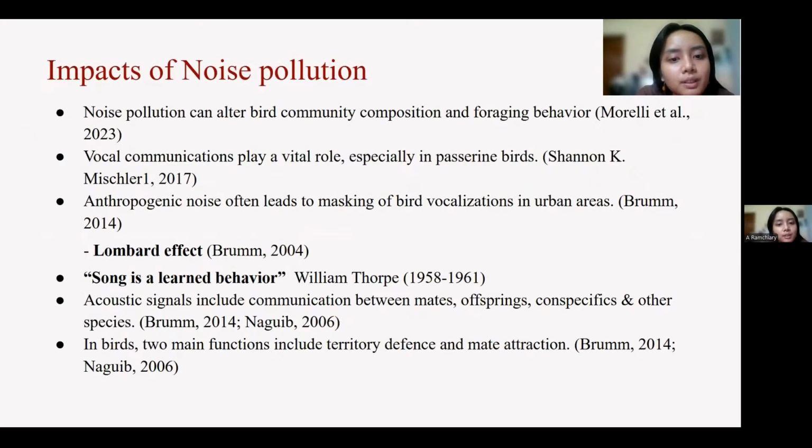One of the most pressing challenges in urban ecosystems is anthropogenic noise. Several studies show that urban noise affects not only human health and well-being, but also has significant impacts on birds, influencing their communication and behavior. With rising urbanization, noise sources have also increased.